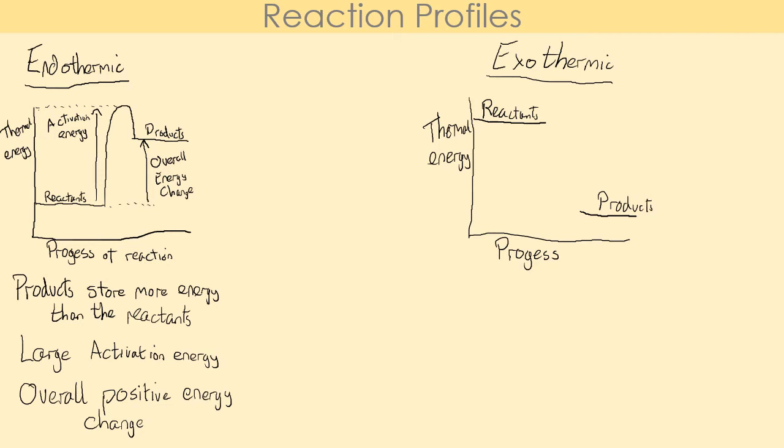Now, just like in an endothermic reaction, we need to have an activation energy. We need to increase the amount of energy. So we will first go up with a hump before coming down to the products. This line from the reactant up to the top of the hump is our activation energy.